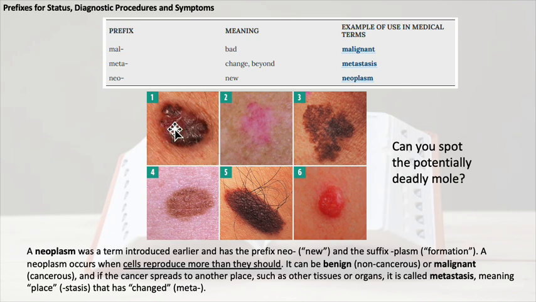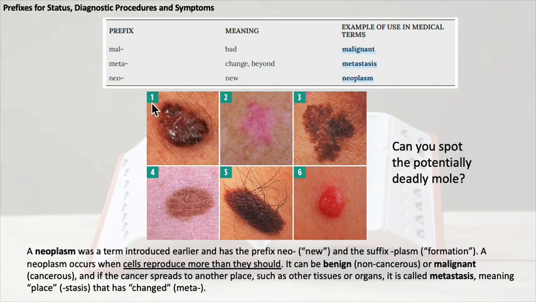We talked about the border. So if there are jagged edges, if the size is changing over time, that was the biggest one. So if the size changed dramatically, color can also be an indication. So a darker mole could be a sign of something that is possibly malignant.